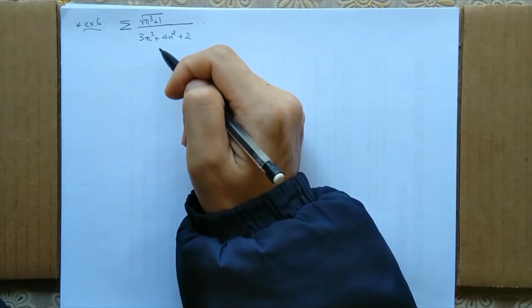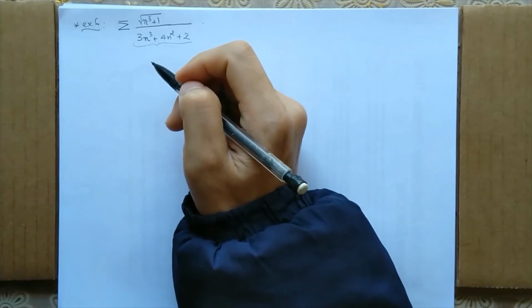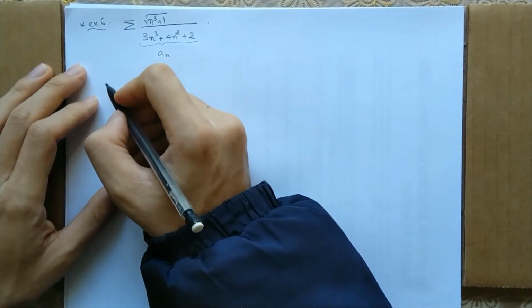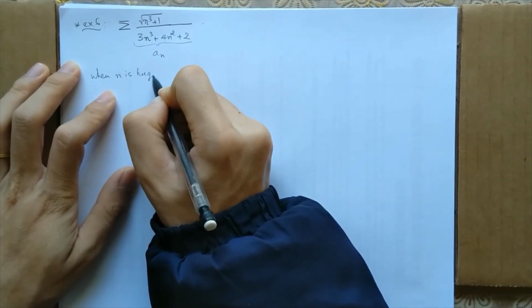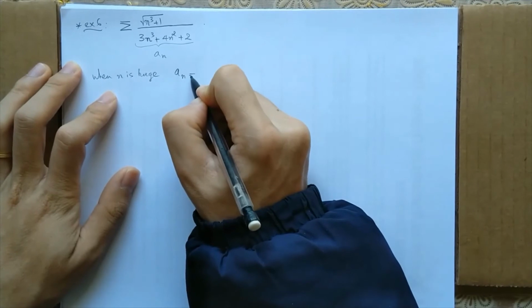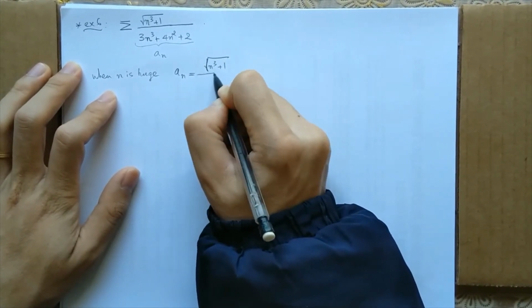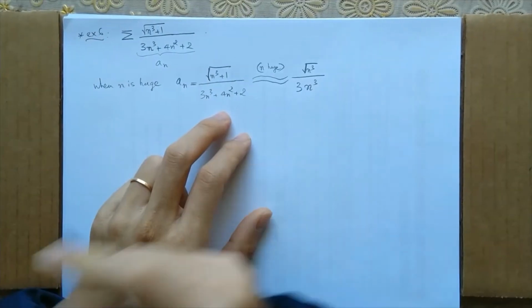In this case, trying to make it the p series is very simple. Let me show you the way I'm going to figure out what is the Bn that I'm going to use. So this is An. Now when n is huge, An, which is this one, would be similar to, right?